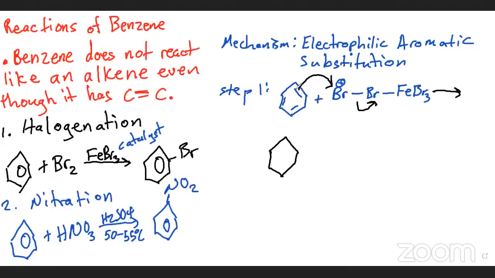Now, if you look, we used this pair of electrons from the double bond. That means it is broken. And what you will have now is the bromine attached to the carbon. These two bonds will stay in place.